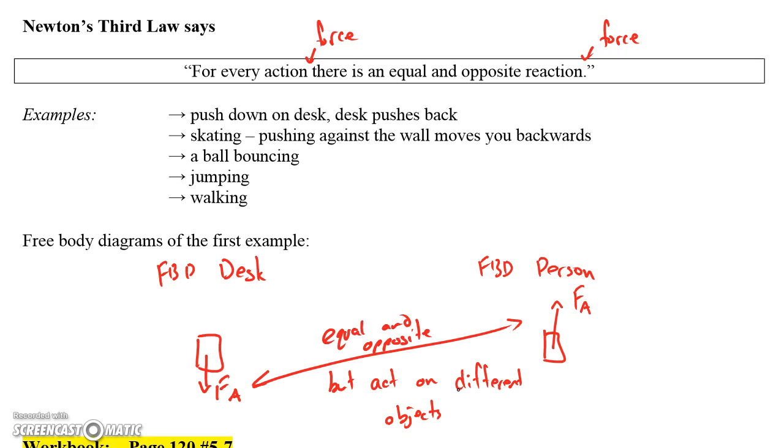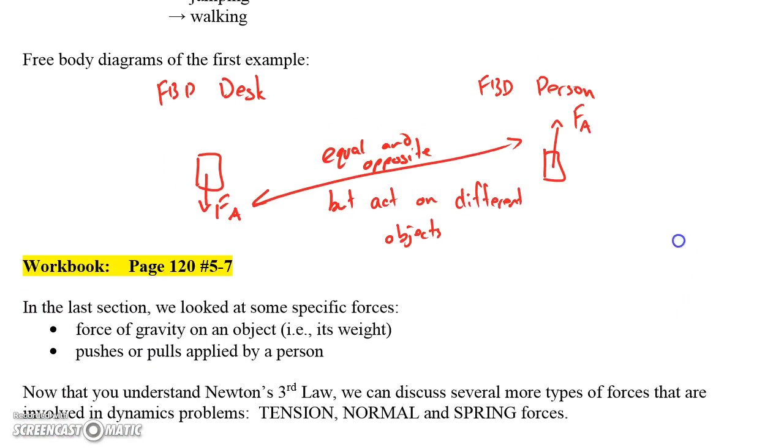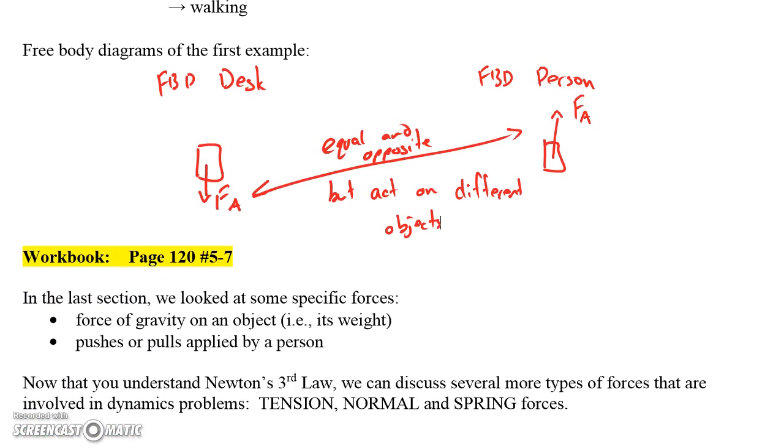The third law brings in specific types of forces. So one of them that it causes, and we'll spend more time talking about this in the next couple of videos, we'll talk about tension, the normal force, and the spring forces. Tension is anything that has to do with wires, strings, ropes, anything that is a rope or rope-like.